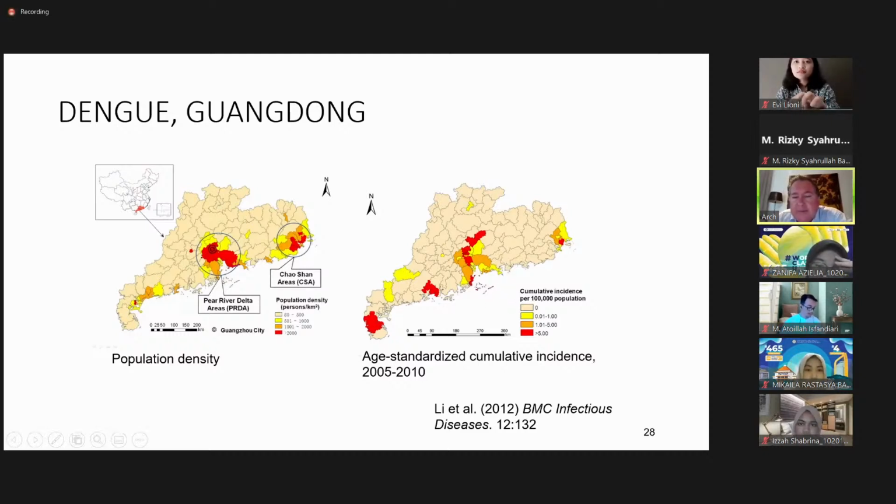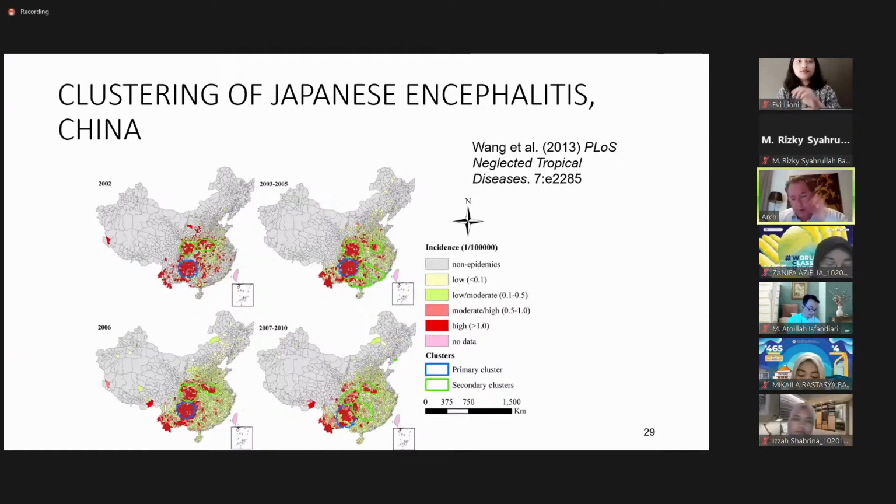But the next step of exploration is to actually try and quantify those clusters. Are they statistically significant clusters, or have they just arisen through chance, or as a result of some other cause? Here we have an example of spatial cluster detection using the spatial scan statistic. This is applied to data on Japanese encephalitis throughout China.